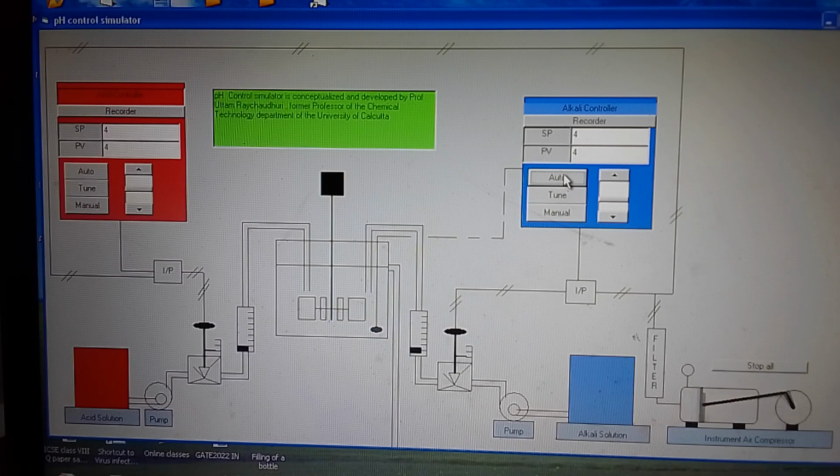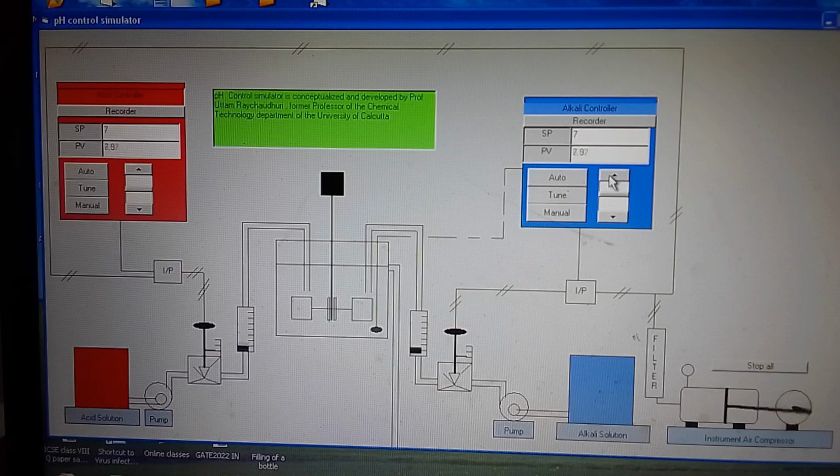A slight amount of alkali is being added because it is already acidic, and then you increase this set point, it is alkaline. Then it is 7, suddenly too much alkali, and then it drops down to 7.